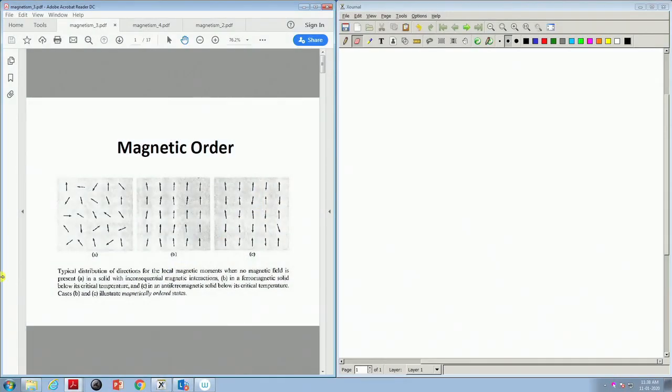Welcome. We have been discussing magnetism so far, and we will continue to discuss it for a few more hours, one or two hours.